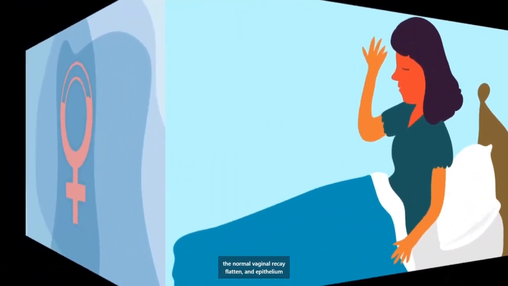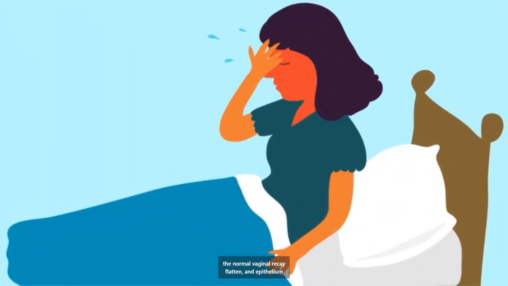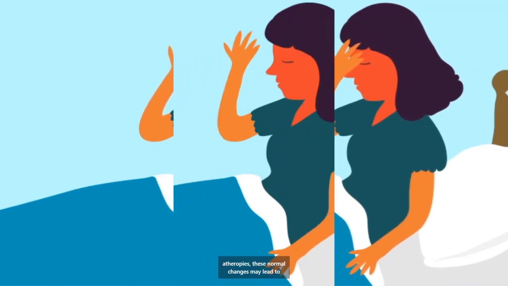Menopause is defined as 12 consecutive months without menses, as estrogen levels decrease. The uterus becomes smaller, the ovaries shrink, the normal vaginal rugae flatten, and the epithelium atrophies.